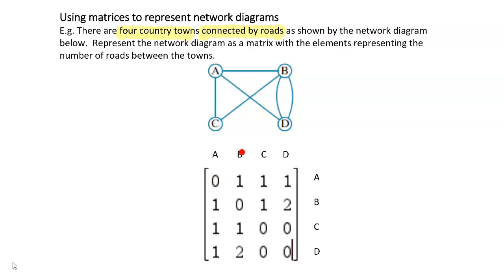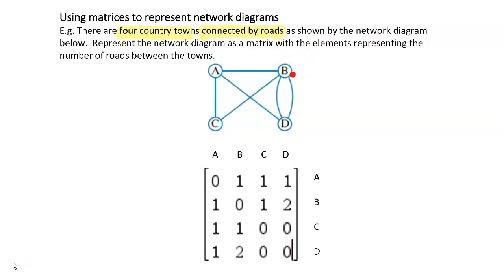From town B to town A, there is 1 road. From town C to town A, there is 1 road. From town D to town A, there is 1 road. From town A to town B, there's 1 road. From town B to town B, there's no roads, is there?